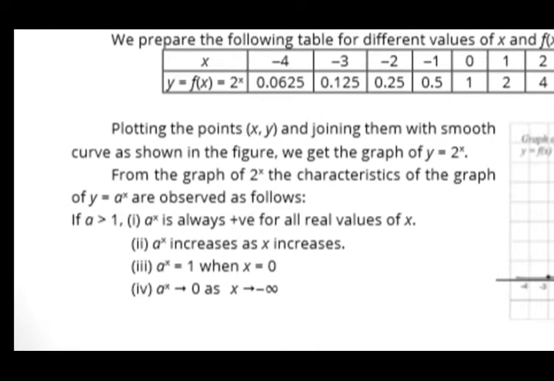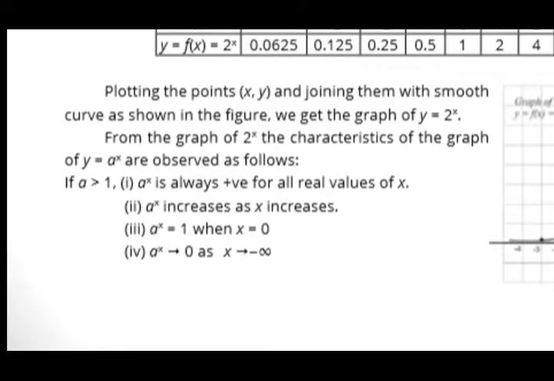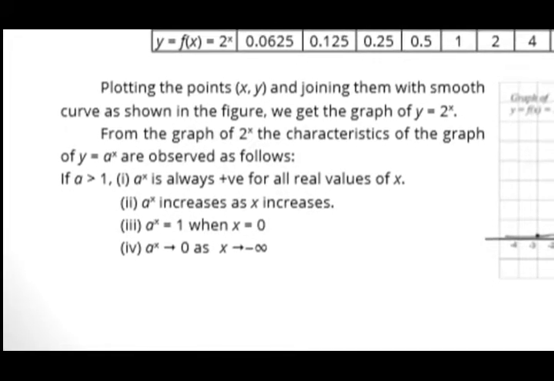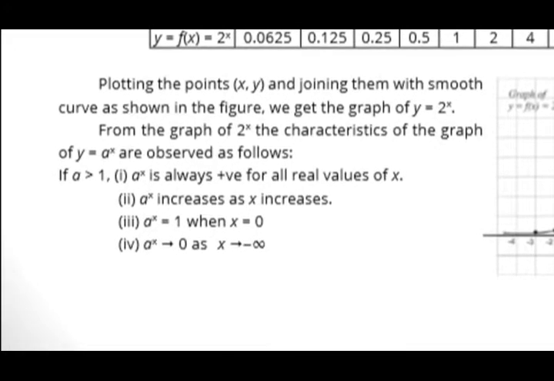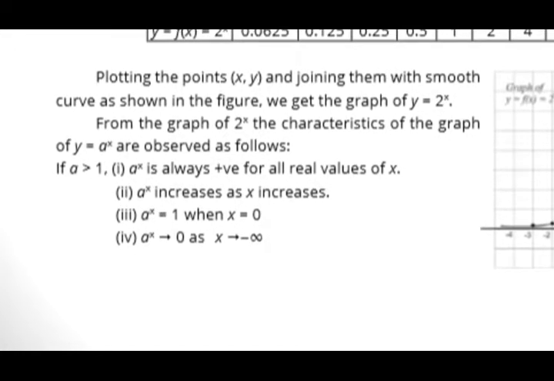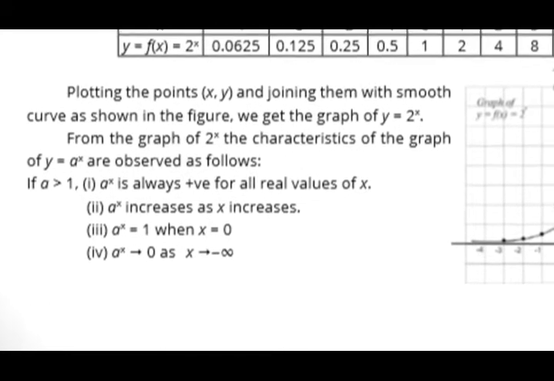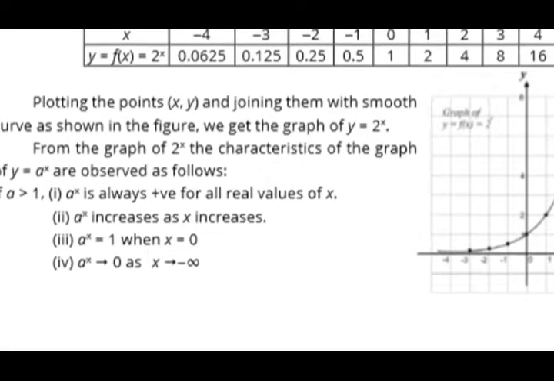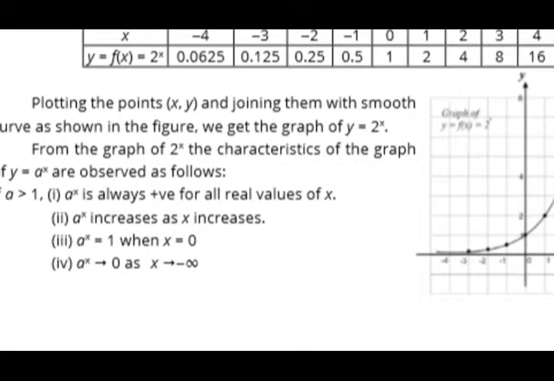From the graph the characteristics are observed: if a is greater than 1, a^x is always positive, and a^x increases as x increases, and a^x is equal to 1 when x equals 0, and a^x tends to 0 when x tends to minus infinity. As we move to the negative side, a^x tends to 0.